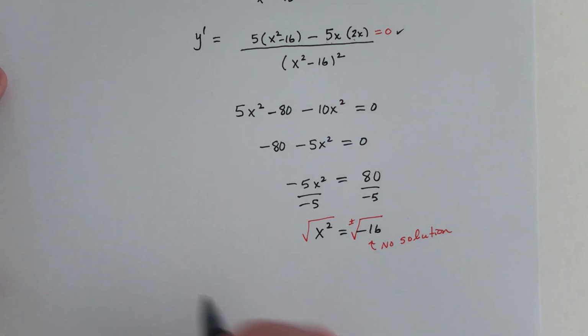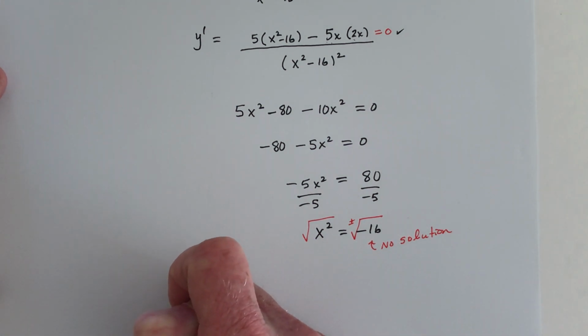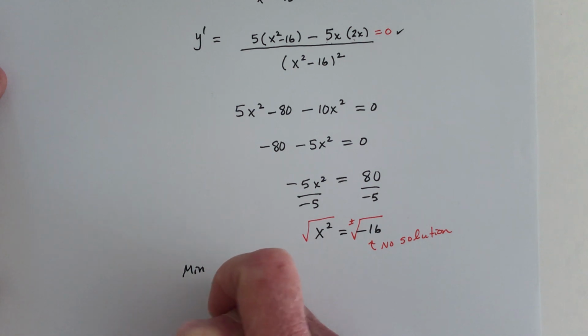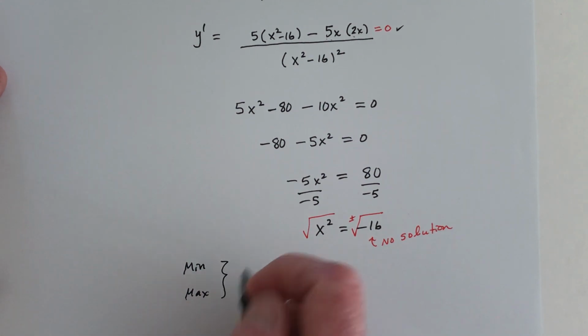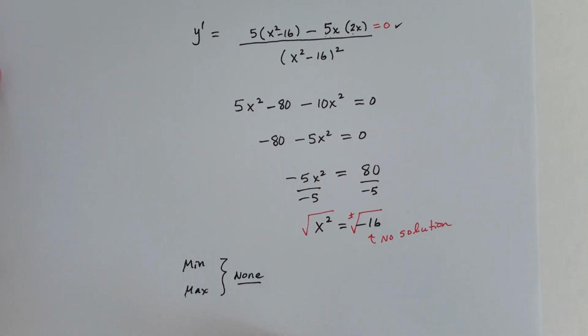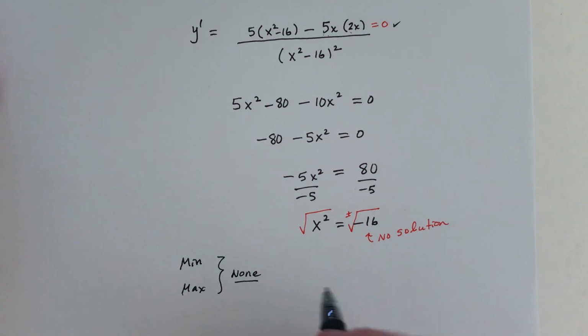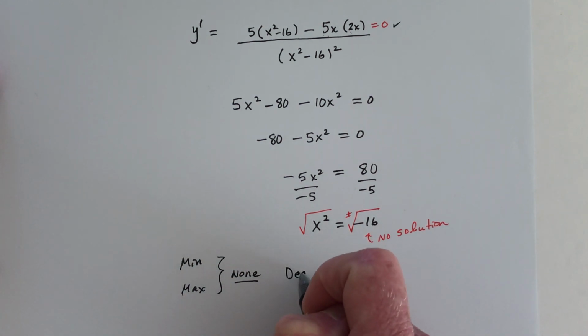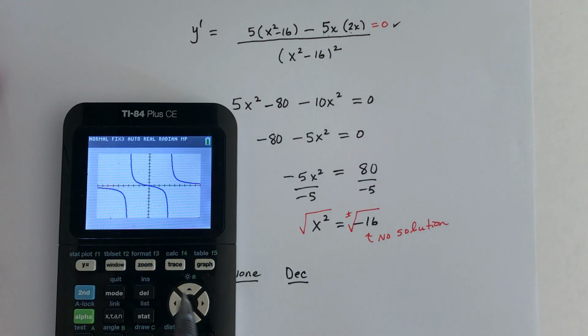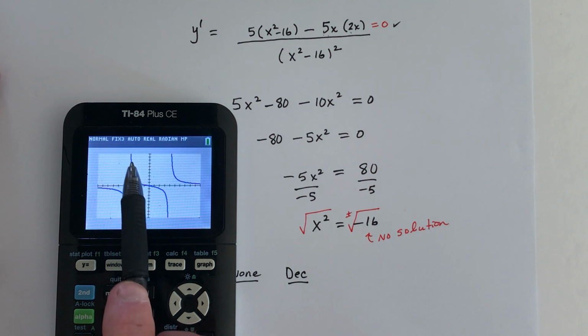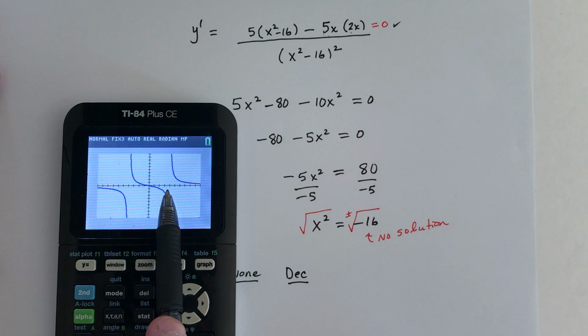So on the homework, they would say any possible minimums, any possible maximums, and there would be none. And then for decreasing, basically it was decreasing except for this -4 because it's undefined there, and this is decreasing except for the +4.